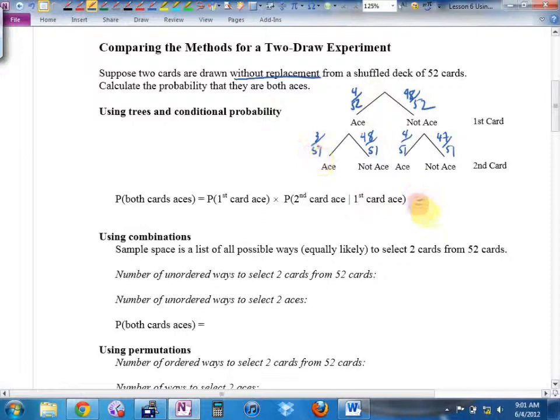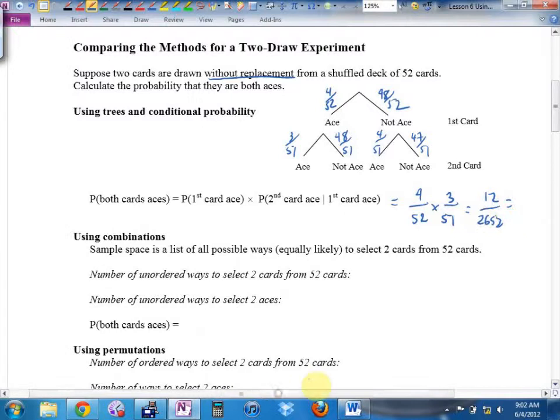Let's start with the top branch, Mr. Dueck. 4 out of 52 times 3 out of 51, which is 12 over 2652, but I'd like you to reduce that one, please, because this time we are going to start to get answers in lowest terms. I think it's 1 out of 221 or something like that. Okay.